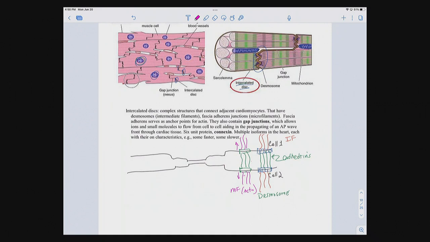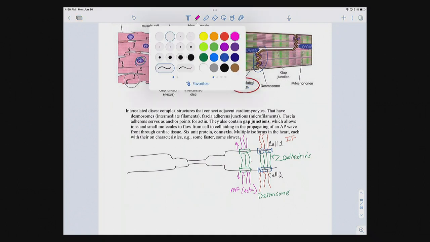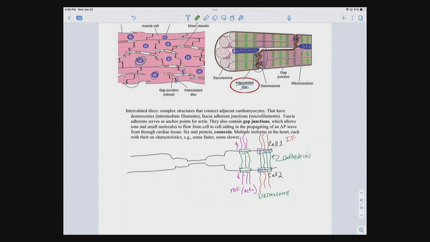Another structure that you're going to see in the intercalated disc is going to be here. And these are going to be gap junctions. And these gap junctions are made of specialized channels, okay, and the protein is called connexin.